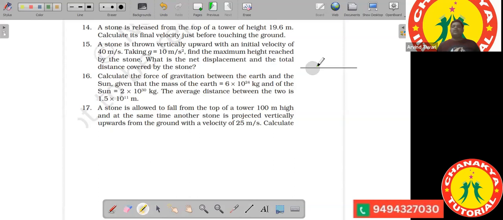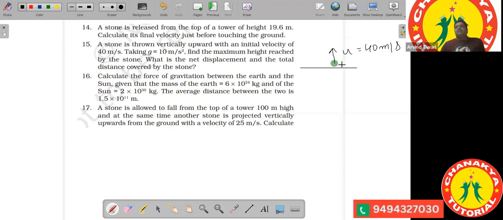So here you have a stone and you throw it vertically upward with some velocity of 40 meter per second. Now taking g equal to 10 meter per second square, find the maximum height reached by the stone.